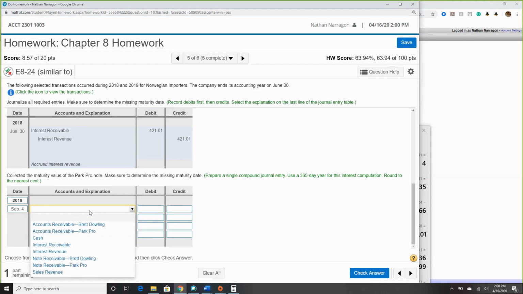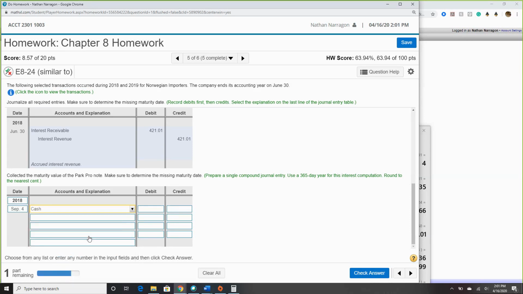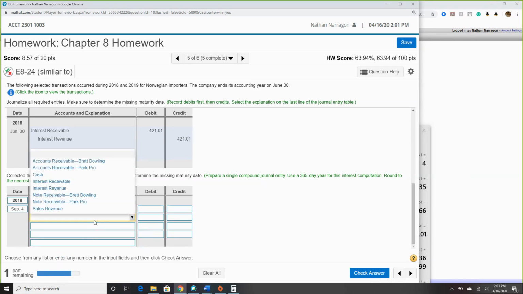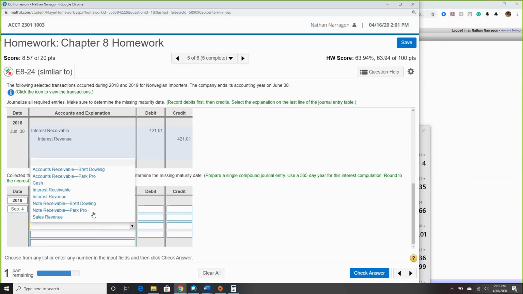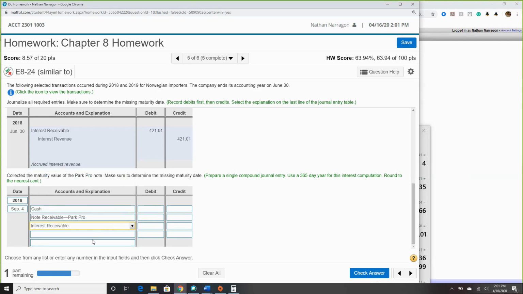Alright. So we're going to collect the maturity value, or basically the note. This means we're going to receive the cash. This also means that the note receivable is being closed out for Park Pro, and also interest receivable.